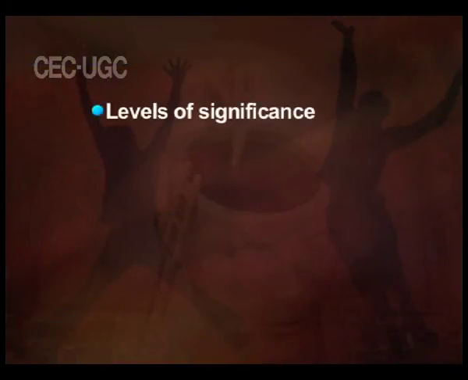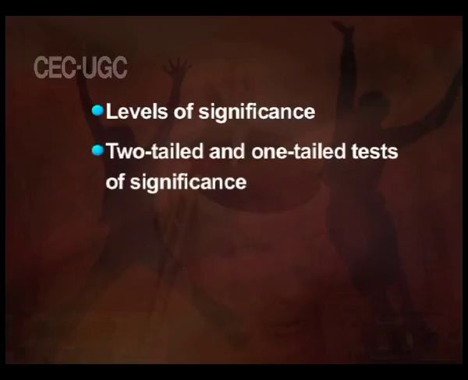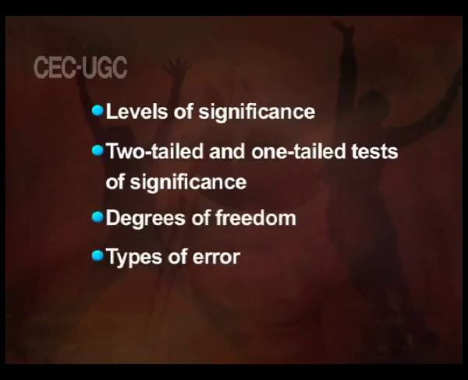The dependent samples t-test, paired samples t-test or correlated t-test is used when we have a single group or a matched group. Here, we would intend to find out the difference between two testing conditions. We also looked at the concepts relevant to calculating the t-test, such as levels of significance, two-tailed and one-tailed tests of significance, degrees of freedom and types of error.